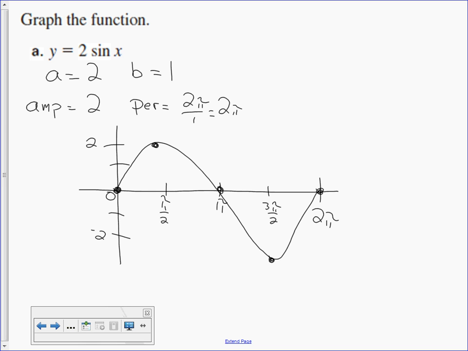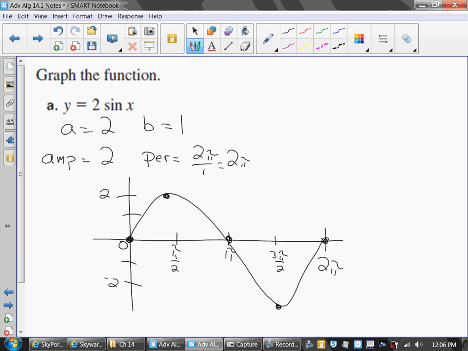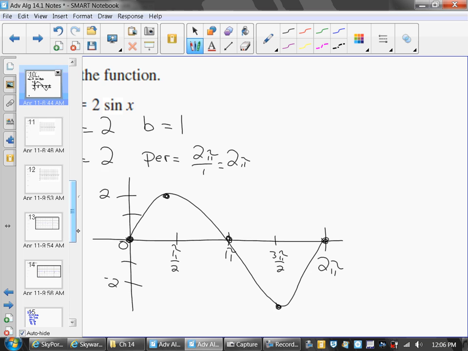That's all it did. It just shifted it to make it a little bit taller. Notice my period is still the same because it was 2 pi. The only thing that changed is that my amplitude is new. All right? Let's try another one.